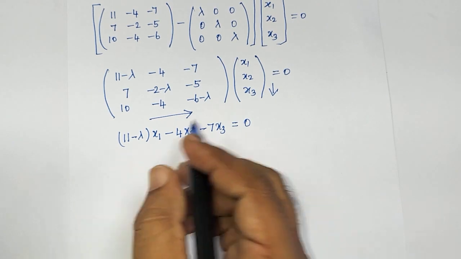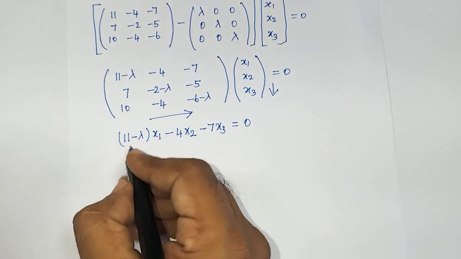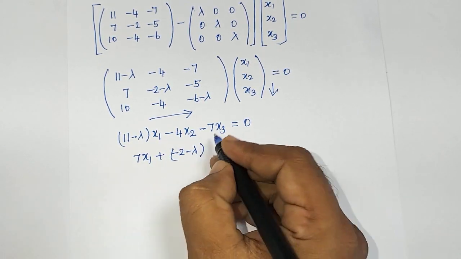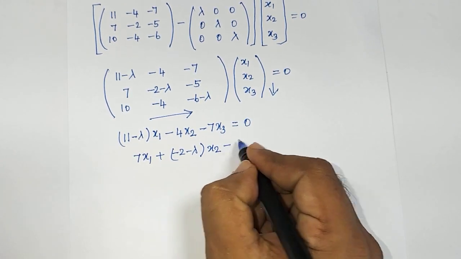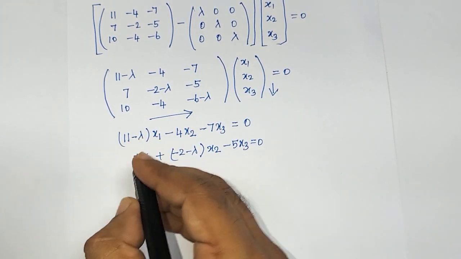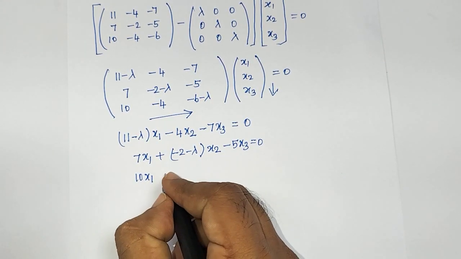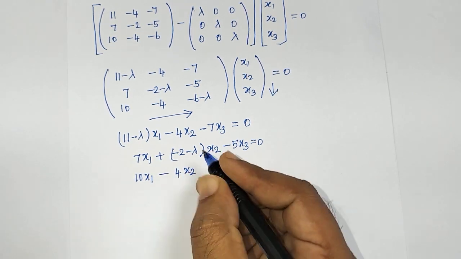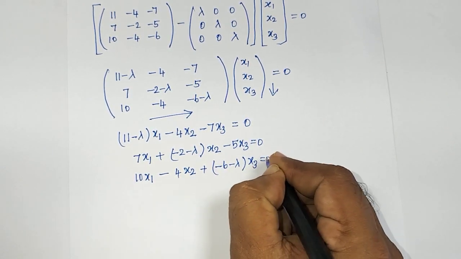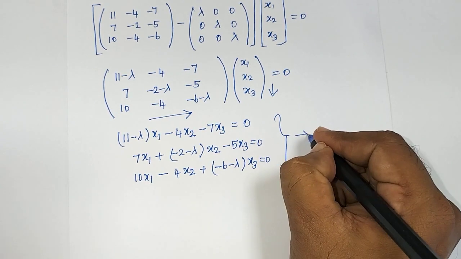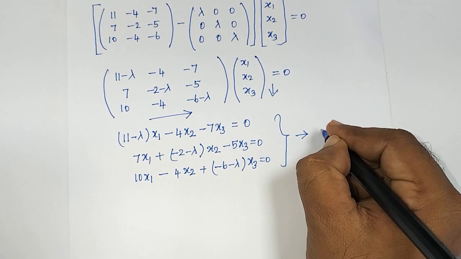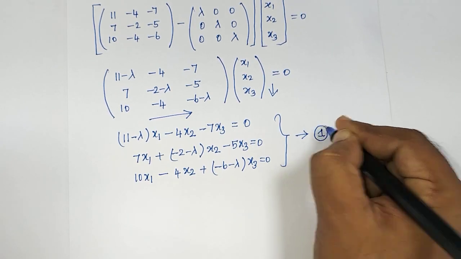And the second equation, again you take 7 x1 plus minus 2 minus lambda into x2 and minus 5 x3 is equal to 0. And the last one, 10 into x1 minus 4 into x2 plus minus 6 minus lambda into x3 is equal to 0. Consider this as equation 1, for your convenience.